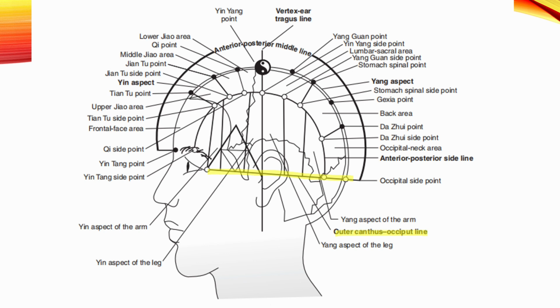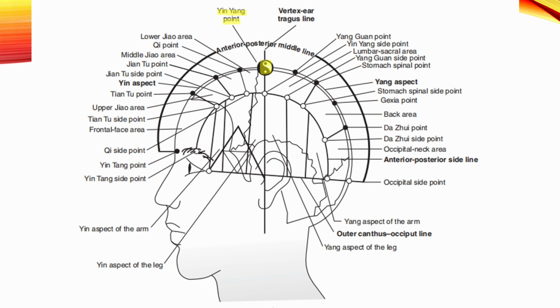The vertex ear tragus line divides this line into two parts. The line between the outer canthus and the vertex ear tragus line is called the canthus ear line. The line between the vertex ear tragus line and the external occipital protuberance is called the ear occipital line.